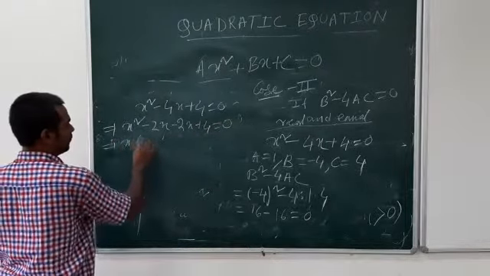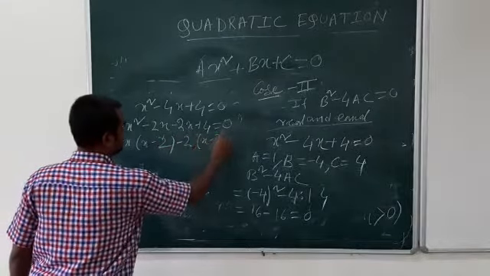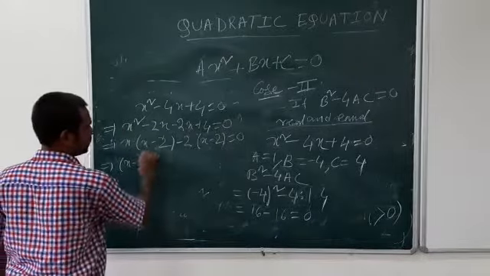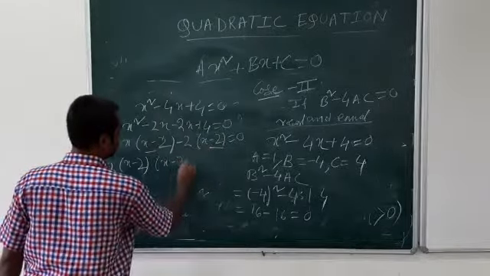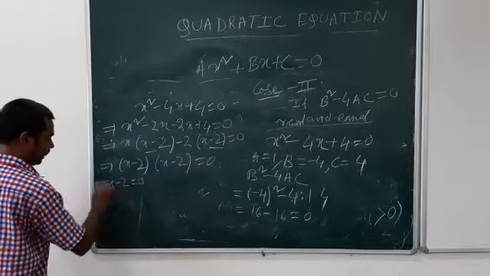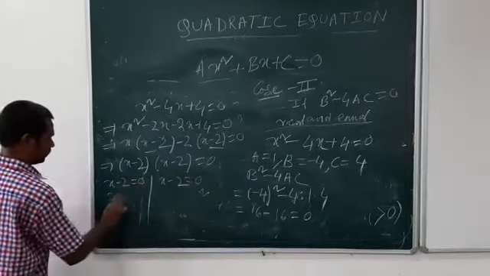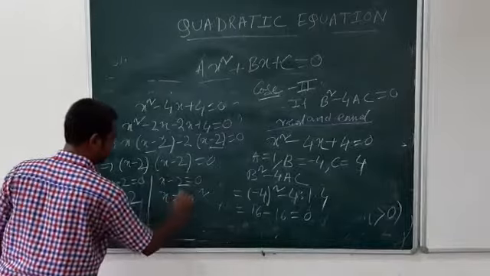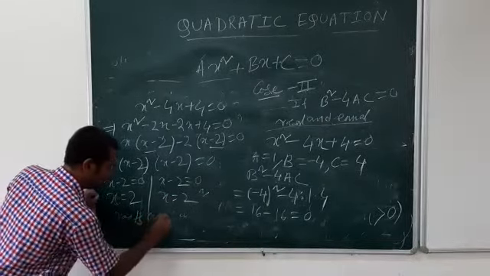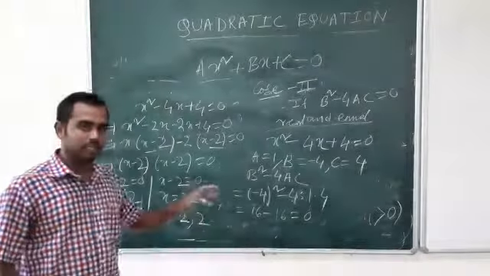Taking x common, x minus 2, and taking minus 2 common, x minus 2 is equal to 0. So x minus 2 is common, and x minus 2 equal to 0 for either part, so both give 2. The roots are 2 and 2. So both are real, but they are the same.